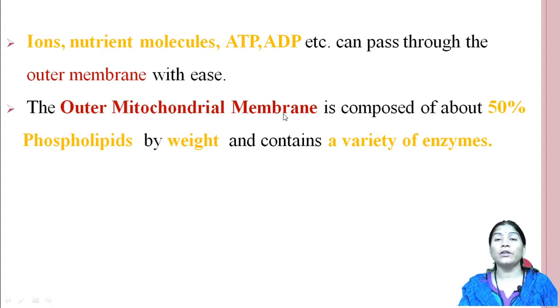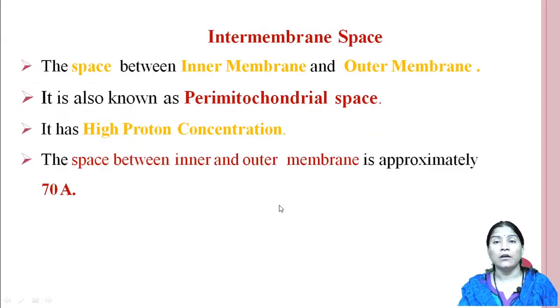The outer mitochondrial membrane is composed of 50% phospholipid, and also contains a variety of enzymes, and these enzymes play an important role in various activities.